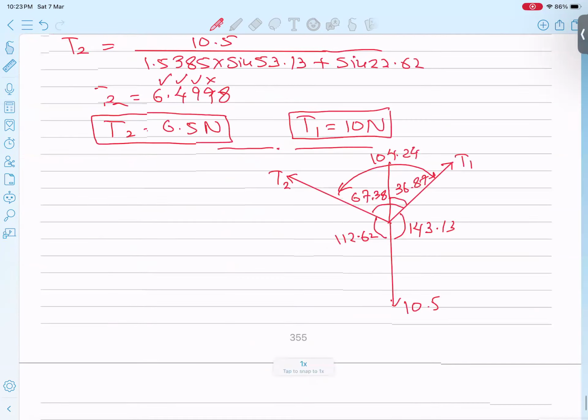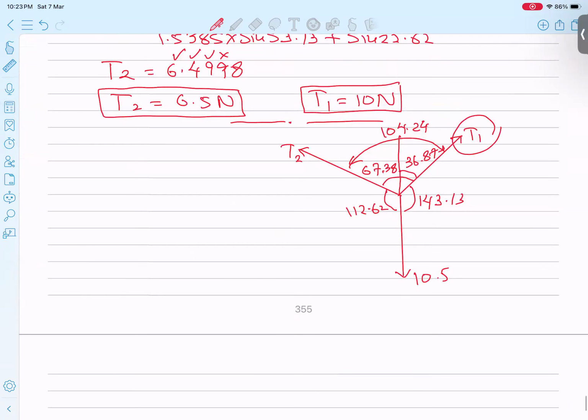Now Lami's rule is very simple. T1 over sine of 112.62 is equal to 10.5 over sine of 104.24. So I can find T1 directly.